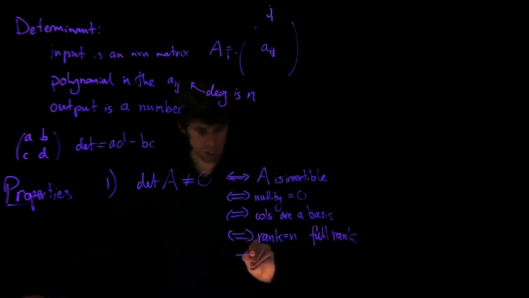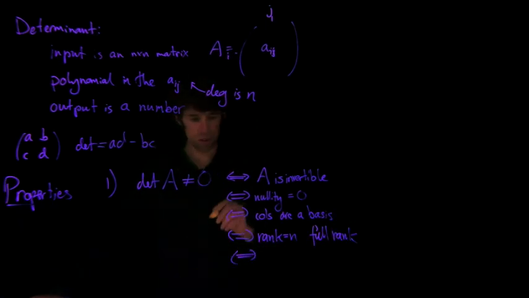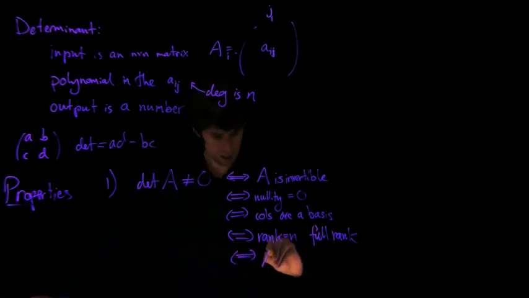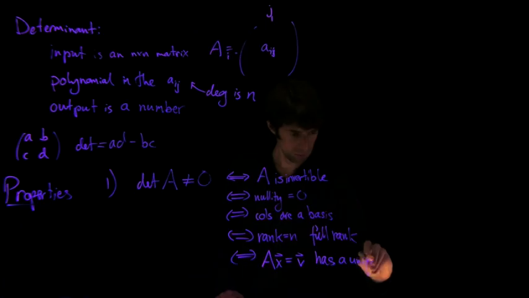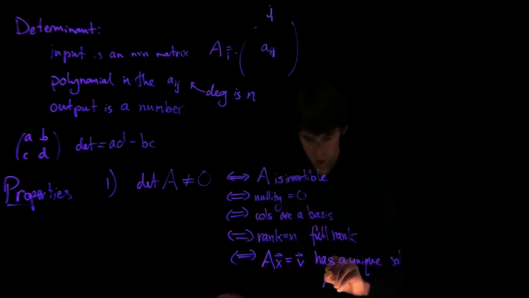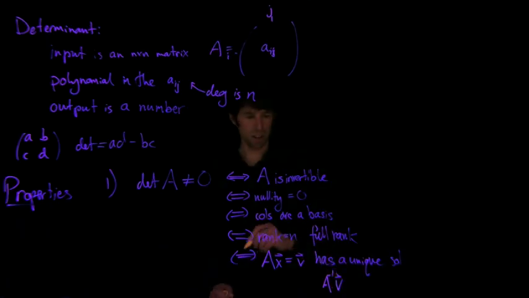And another condition that was equivalent to this was that the equation A times an unknown vector x equals some given vector v has a unique solution. And the unique solution was given by A inverse times the right-hand side vector v.